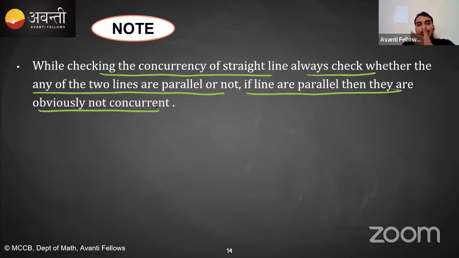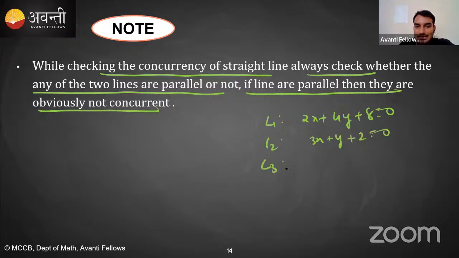What I mean to say is, if you are given three lines, let's say L1: 2x plus 4y plus 8 is equal to 0, L2: 3x plus y plus 2 is equal to 0, and L3: x plus 2y plus 7 is equal to 0, and I ask you to check whether L1, L2, L3 are concurrent or not.